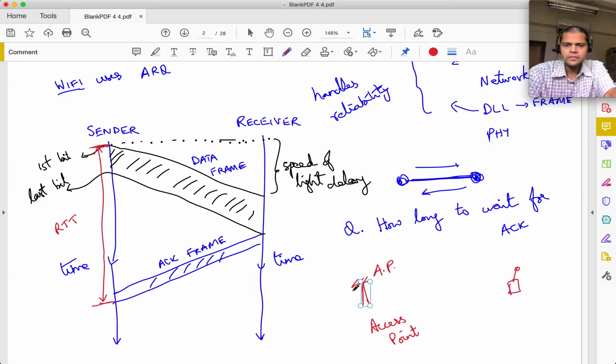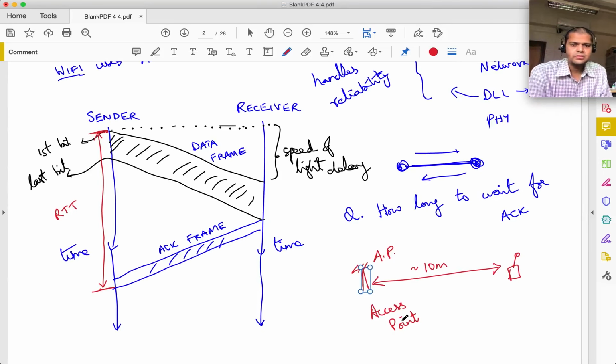Wi-Fi systems are designed so that this distance is of the order of hardly 10 meters, or maybe a little bit longer, a few tens of meters. That's what you design the system for.